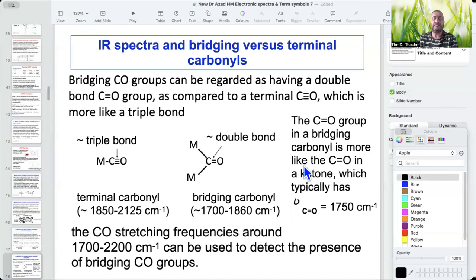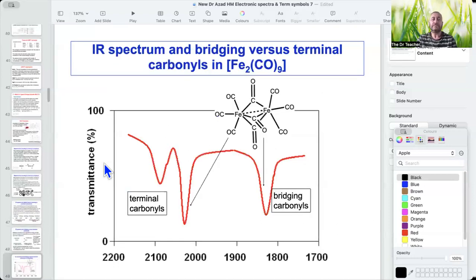So if I see a peak in a region, I can say this is a triple bond or double bond. Is it a bridging carbonyl, or is it a single carbonyl to one metal? As you see here, this is the IR spectrum, and this is the peak as I talked to you about.